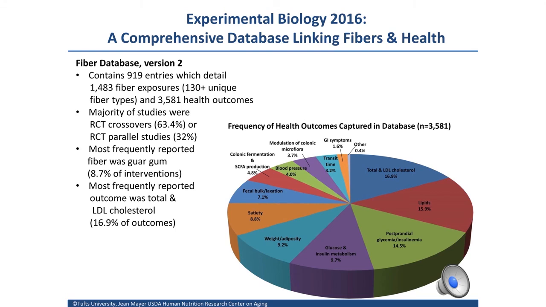The majority of studies were randomized control trial crossovers, but there was also a fair number of randomized control trial parallel studies. Guar gum was the most frequently reported fiber, and total and LDL cholesterol were the most frequently reported outcomes.